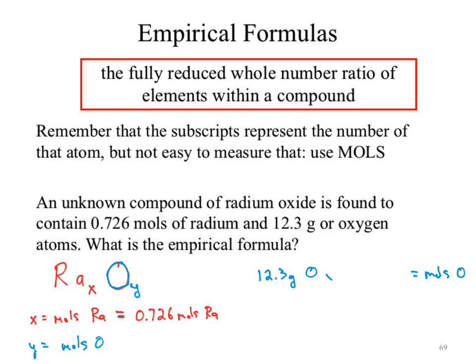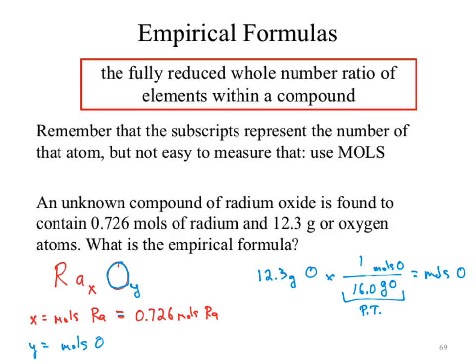Where do I want it? In the numerator. So I'll put moles of oxygen. What do I have? Grams of oxygen. Is there a conversion factor that relates the moles of oxygen to the grams of oxygen? Yes, that conversion factor is found on the periodic table. And I get 16.0 grams of oxygen is 1 mole of oxygen.